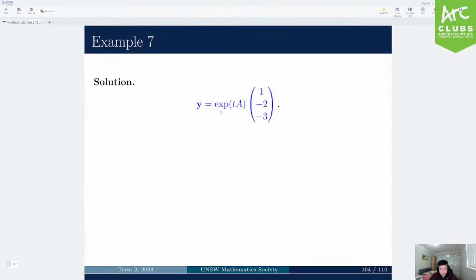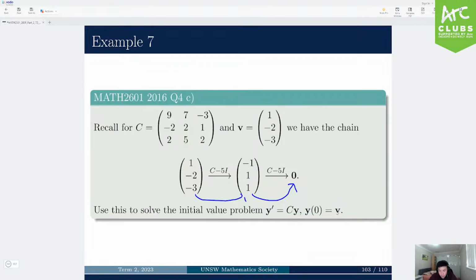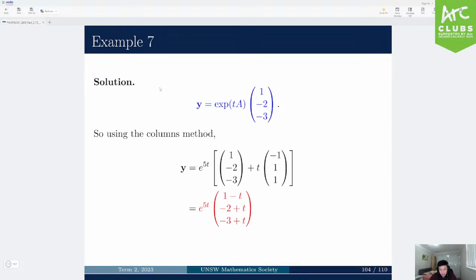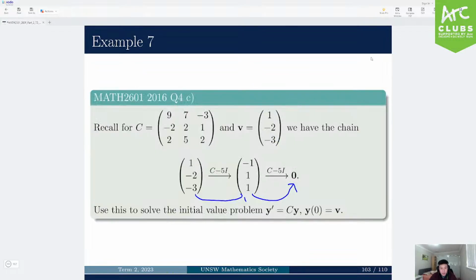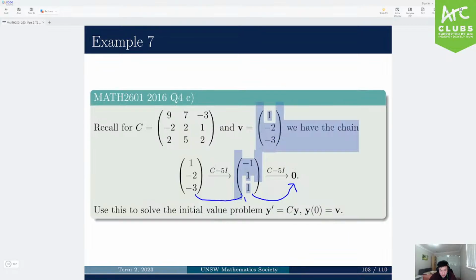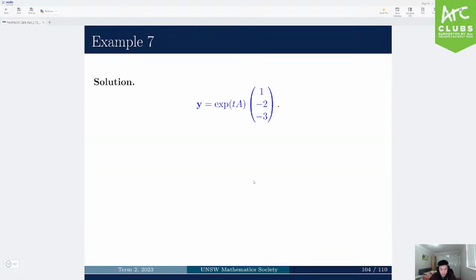Now, we know that the solution is in the form of exp of tC multiplied by the initial condition (1, -2, -3). And using our column method, we can actually just easily calculate this as e to the 5t times this first vector (1, -2, -3) plus t times this second vector that's being chained, (-1, 1, 1).